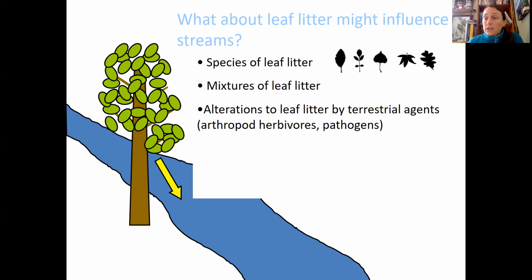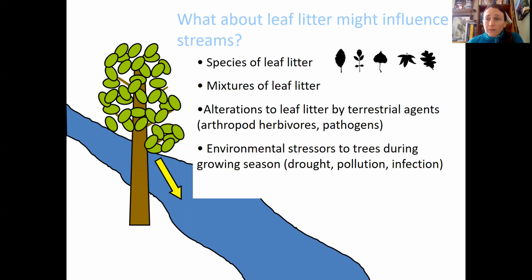What kinds of alterations to leaf litter by terrestrial agents, things like herbivores, pathogens, endophytes, how can those things influence leaf litter? Environmental stressors, things like drought, pollution, infection. And what about the genetic makeup of the leaf litter?